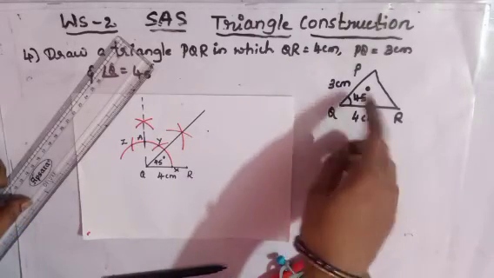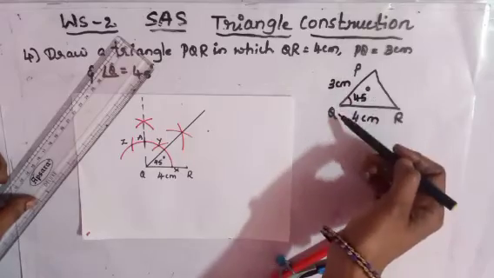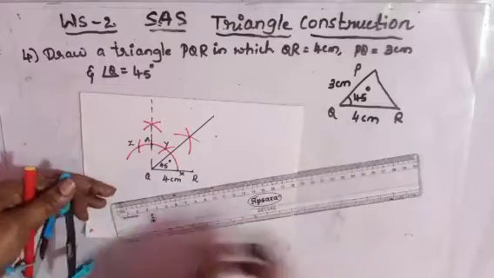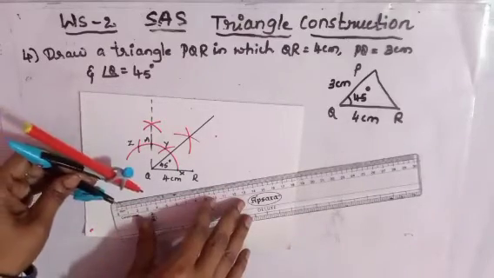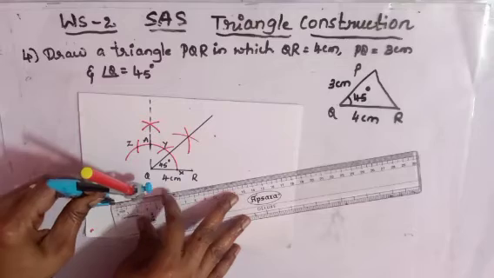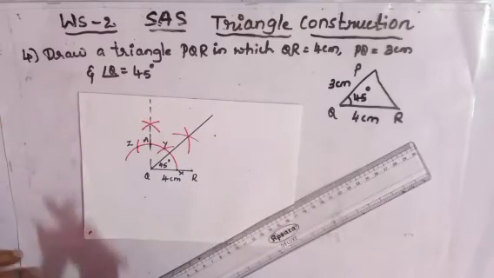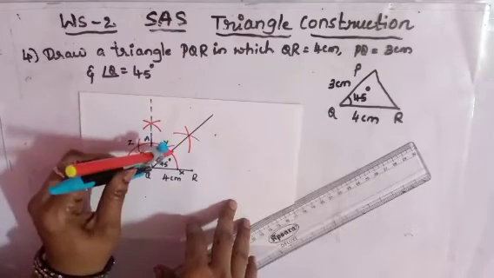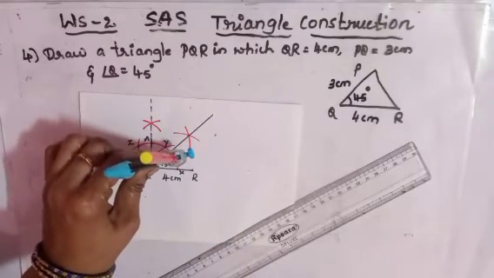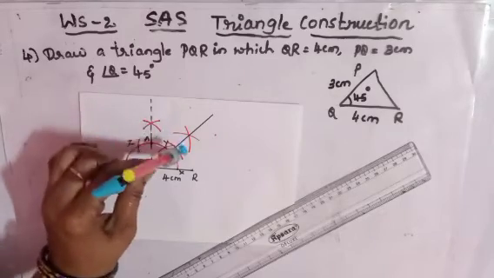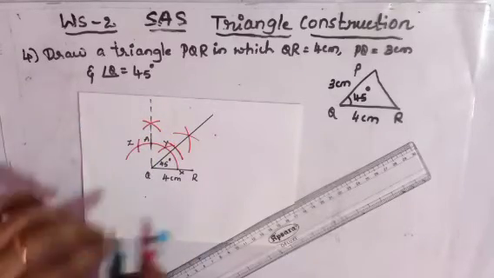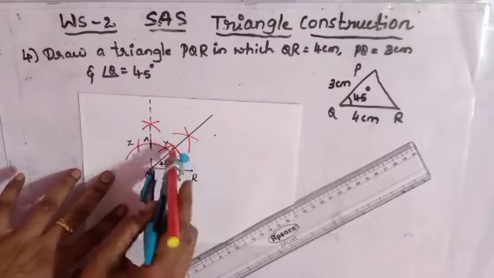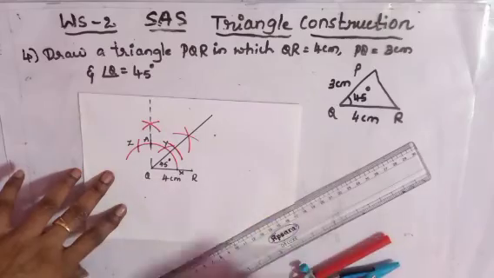Next, what is given? PQ, or QP, is 3 centimeter. Now take the compass. Take the measure of 3 centimeter. Place the compass at point Q and draw an arc on the angle of 45 degree.